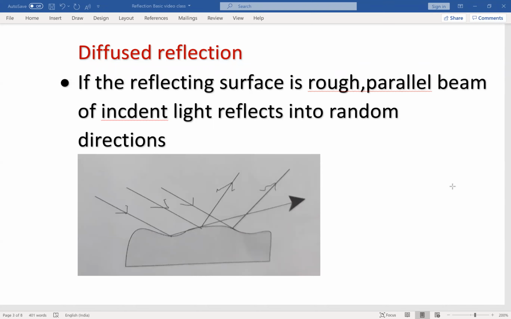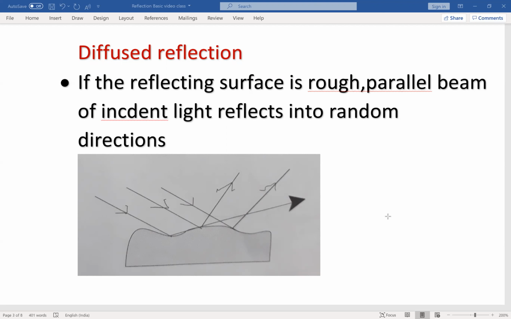The other type of reflection is diffused reflection. Normally, this occurs from a rough reflecting surface. If a parallel beam of light is incident, it scatters and reflects in random, different directions.